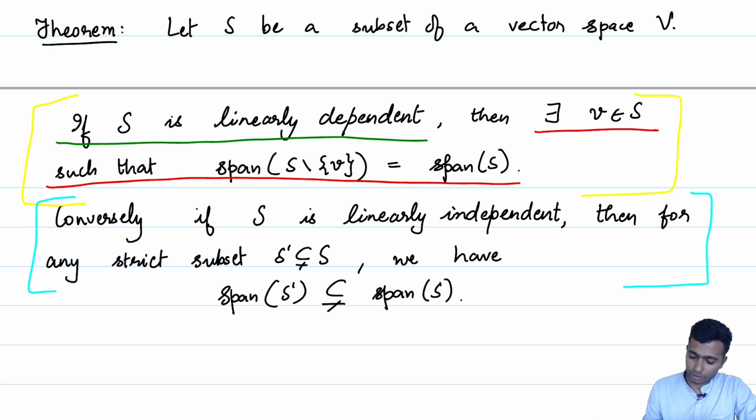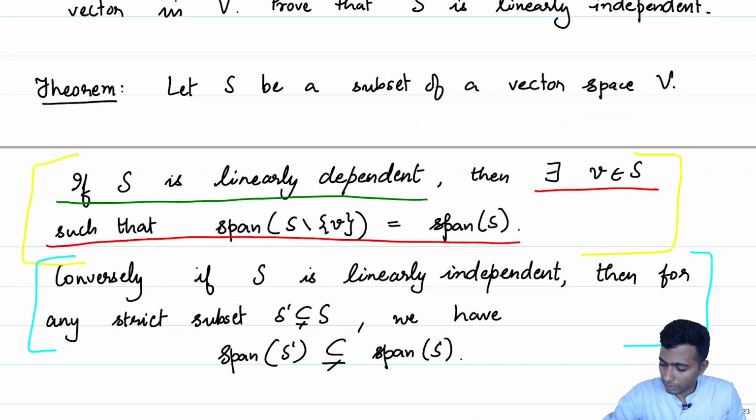But if you carefully observe the statement of the converse we have written, that if S is linearly independent, then for any strict subset S prime contained in S, span of S prime is a strict subset of span of S, it might look like we are not saying the actual converse.